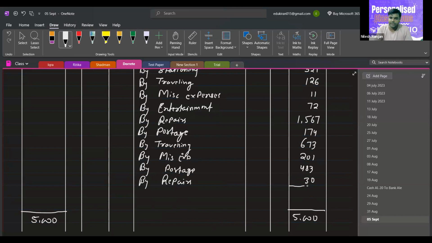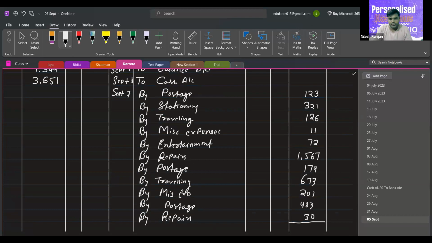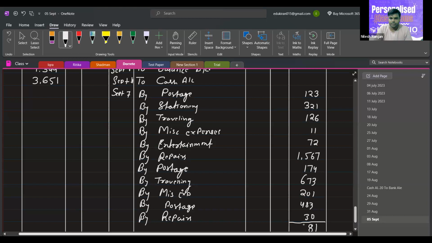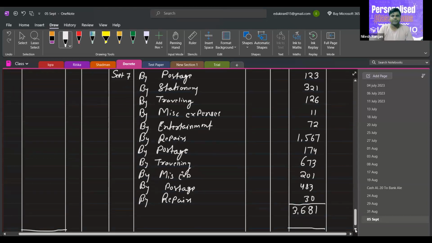Now we will make the total of the amount paid side. It is 3,681.